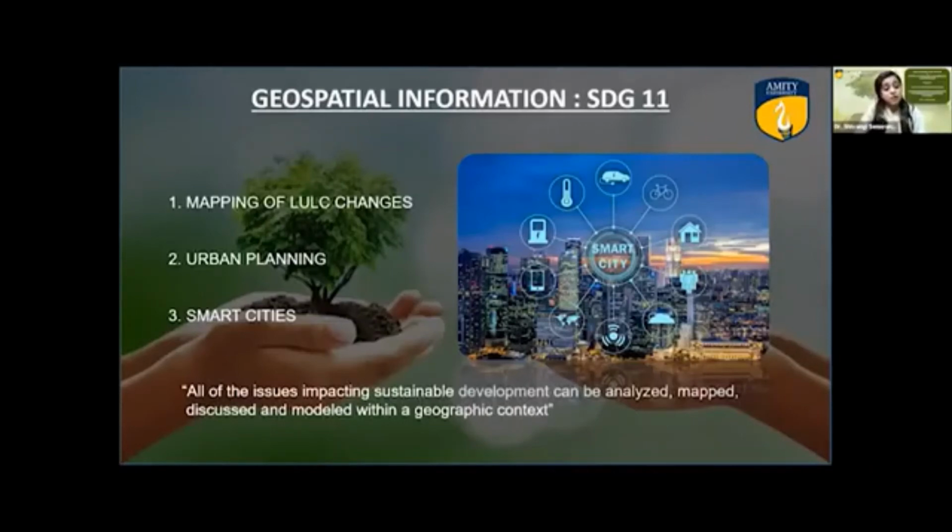Now, what are smart cities? Here I use the term smart cities, and you can see here that one of the applications of geospatial technology is the development of smart cities. So there are many ways to define a smart city. In simple words, a smart city is a developed urban area that creates sustainable economic development and high quality of life by excelling in multiple key areas like economy, environment, mobility, governance, people, and living conditions.